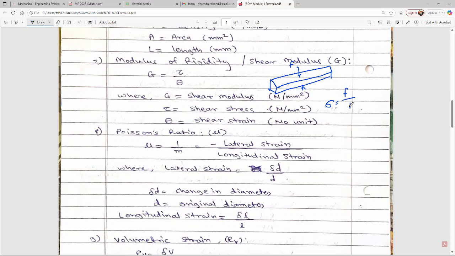F upon A. But the area we were taking was this, right? For the tensile or compressive load. But at a shearing load, what will happen? We are taking this area for that formula, but here we are calculating the shear stress.